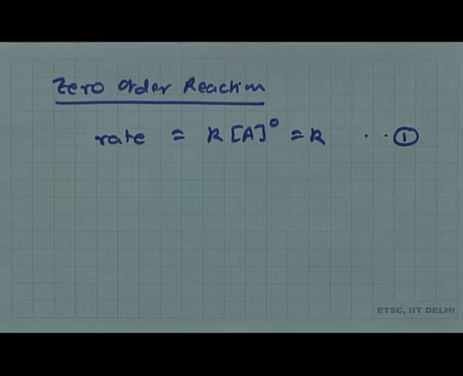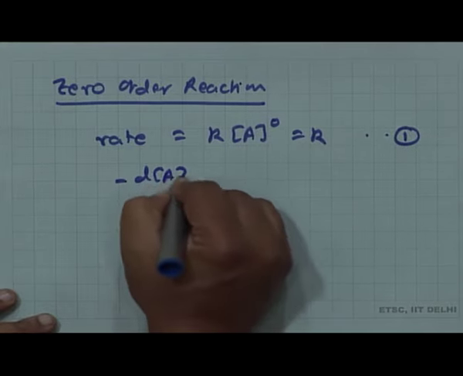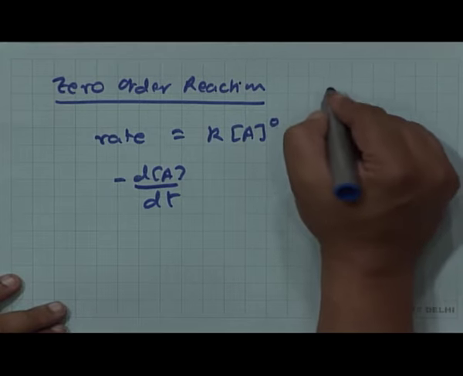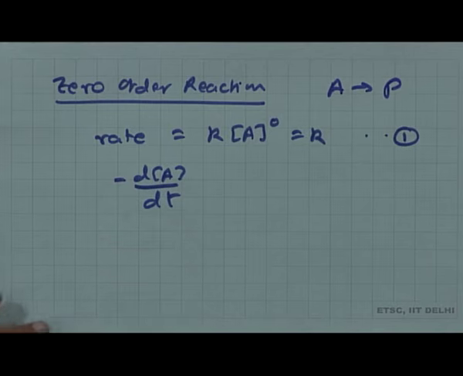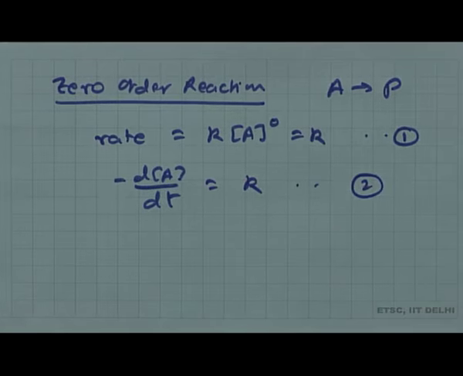Okay. Now, also from the definition of a rate, it is very important to understand that the way the rate is defined is minus dA over dt. Okay. This is my definition of the rate, but I am considering a reaction where A is going to P. Okay. Now, this minus dA over dt then is equal to K, let this be 2, right.